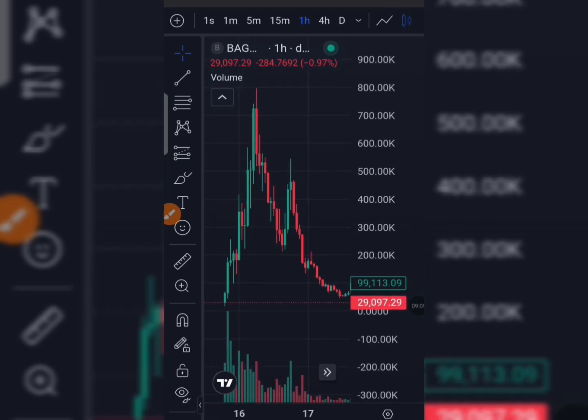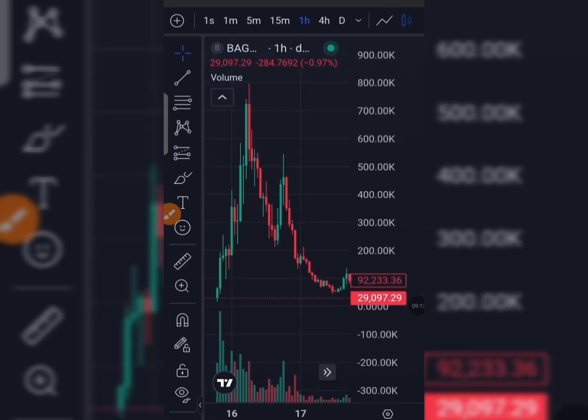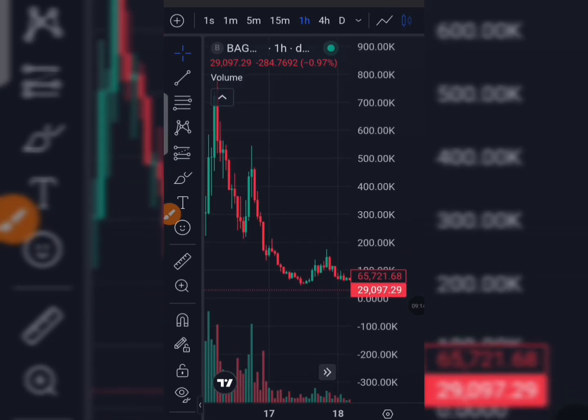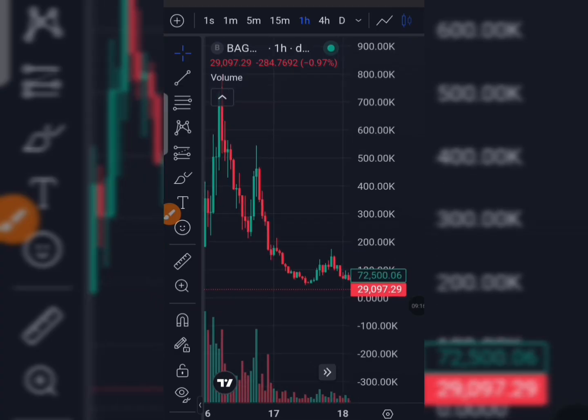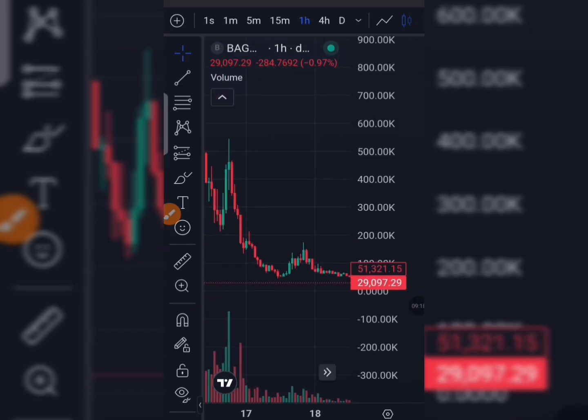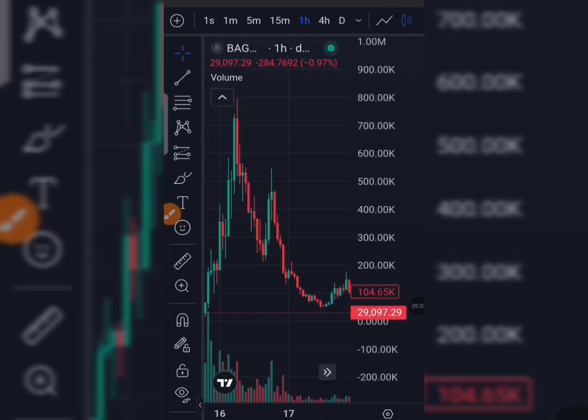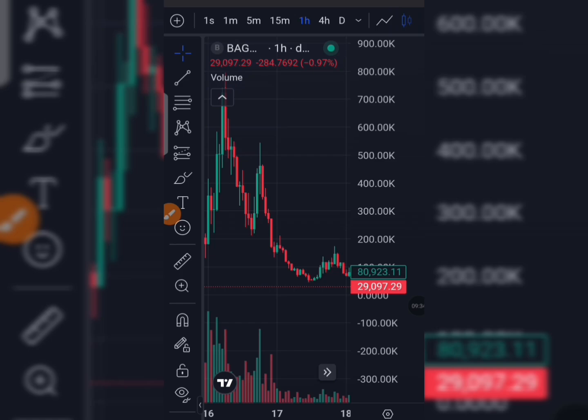Okay, so now this coin has started dipping from the 800k down here to 60,000 market cap. And as you can see, the price is not yet balanced, and it has now pushed up right here from this 60,000 market cap to, is it, up to 200k market cap right here. So what you need to do is wait for it to do a sideways accumulation.